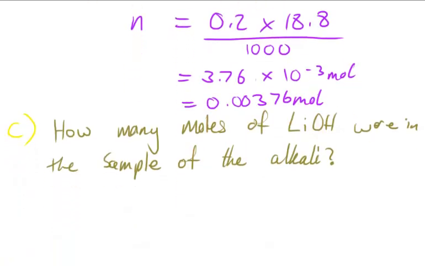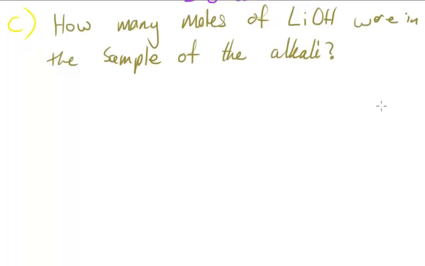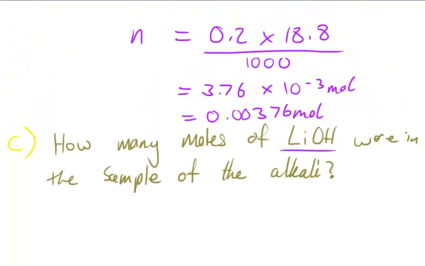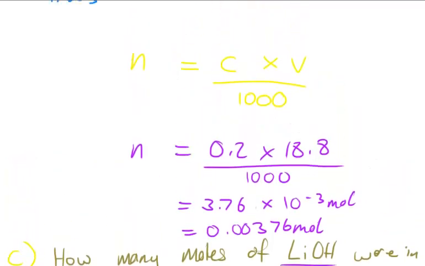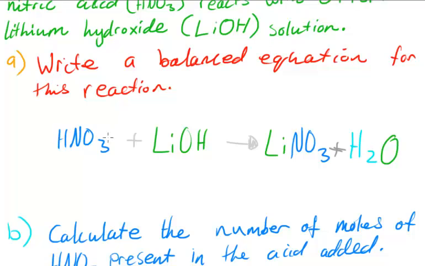And so if we move on to the next question, how many moles of lithium hydroxide were in the sample of the alkali? If you've seen my previous video, you'll notice that this is a very similar sort of question. It's basically asking you to look at the equation and figure out the molar ratio, and then apply that to the question. If we look at this particular equation, we can see that the molar ratio is just a 1-to-1 ratio.